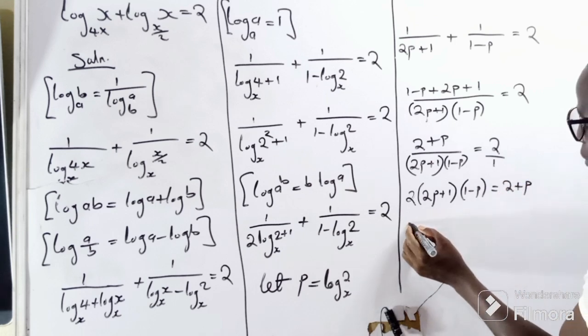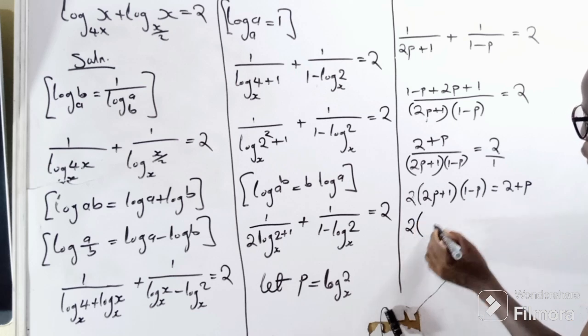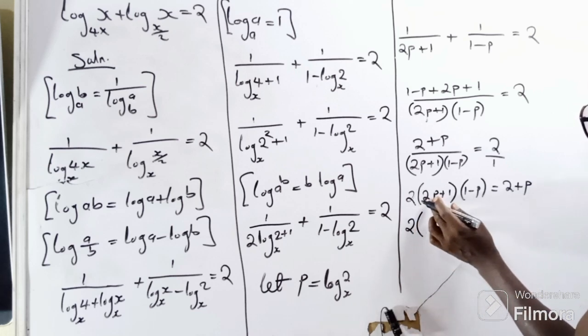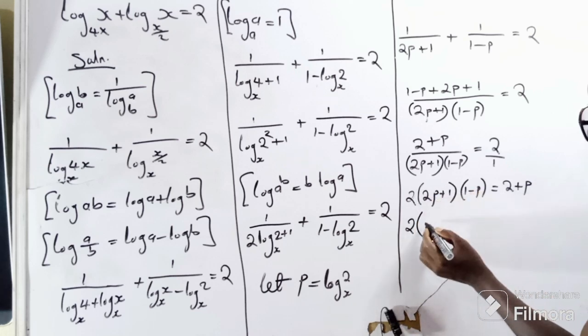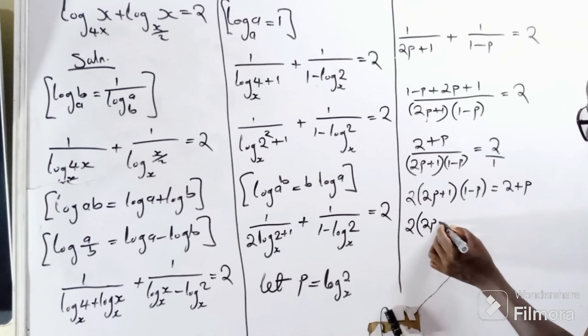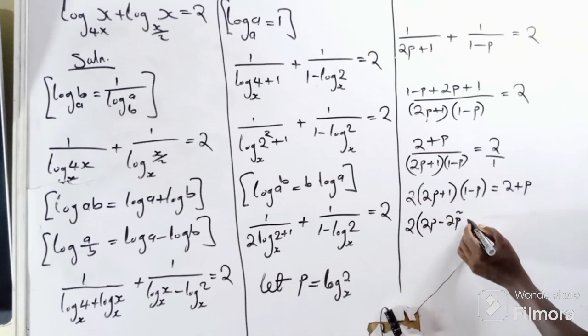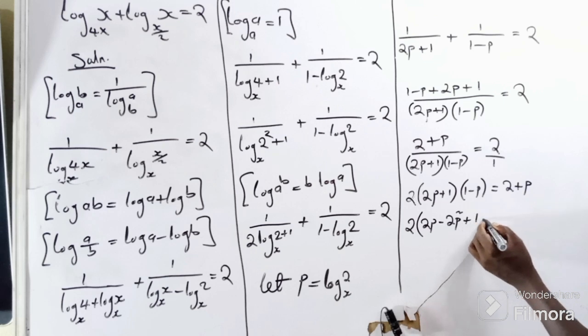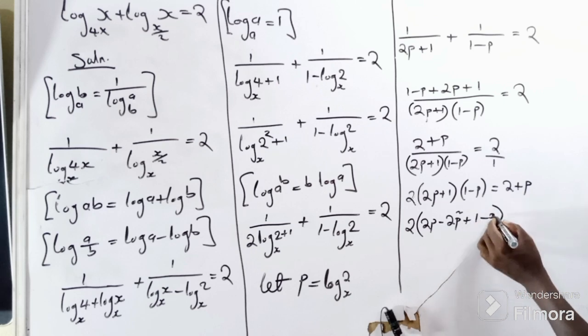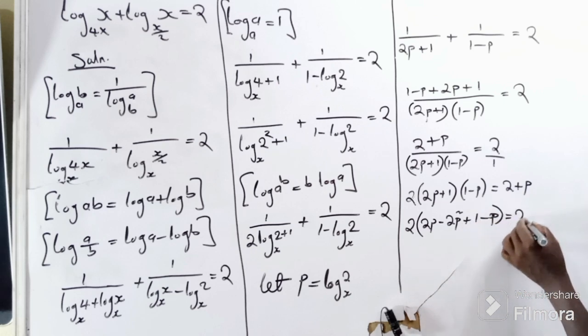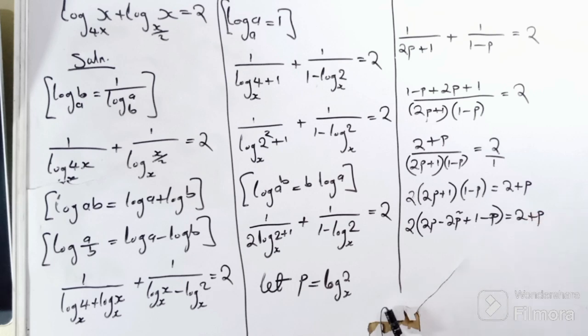So here I'm going to have 2 into 2p times 1 is 2p, minus 2p squared. Then I have plus 1 minus p is equal to 2 plus p.